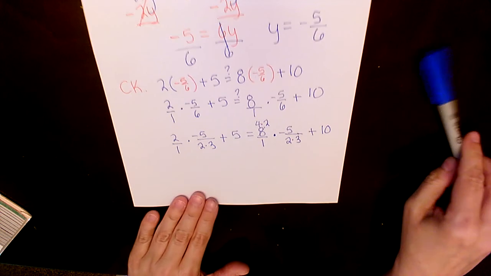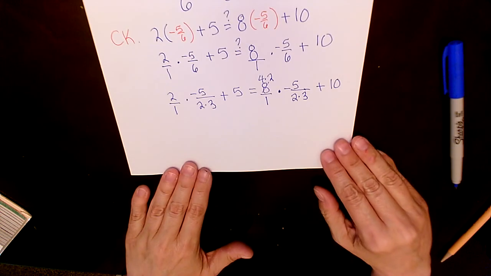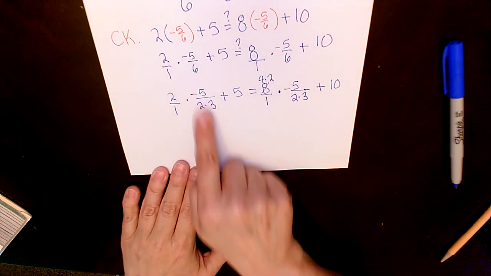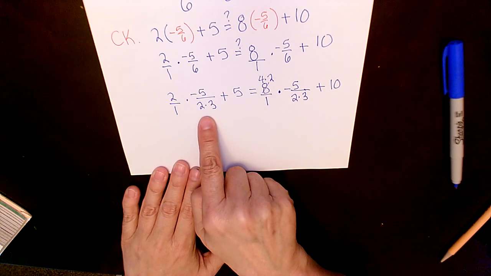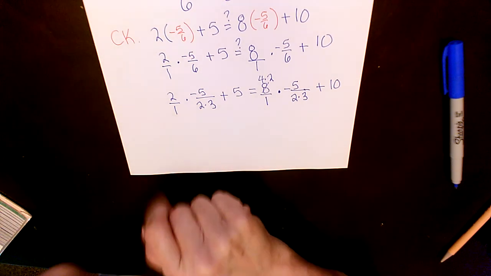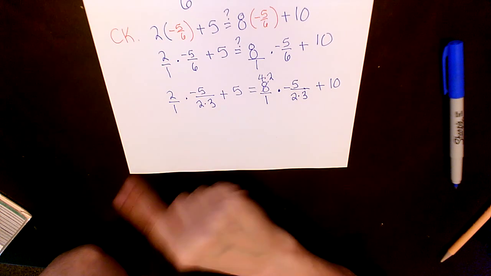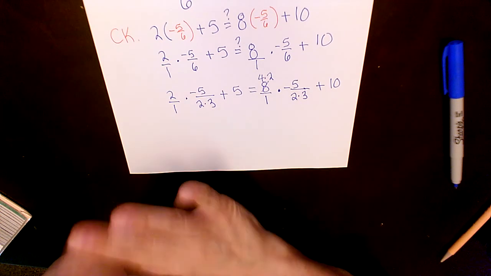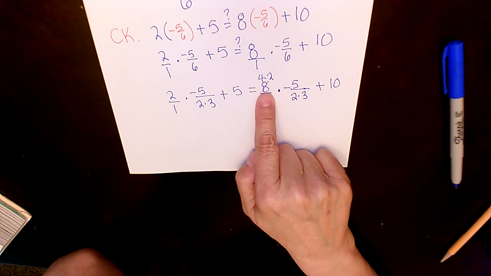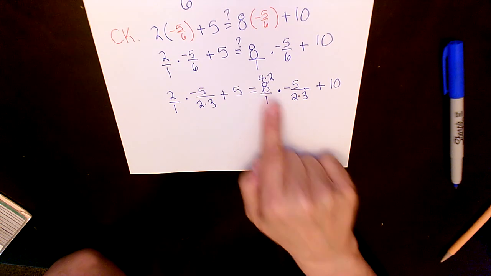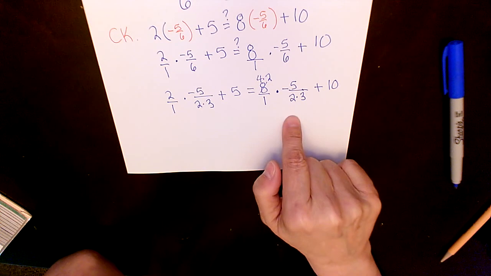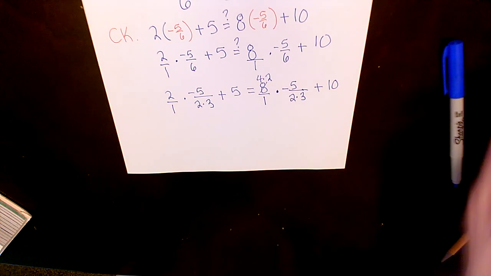I know 8 is 4 times 2. Okay, did you see what I just did? I broke the 6 down. I know 2 times 3 is 6, so I broke it down to factors of 2 times 3 because I want to make it easier to see what I can cancel. And this 8 over here I broke down to 4 times 2. And this 6 here, I broke again down to 2 times 3.